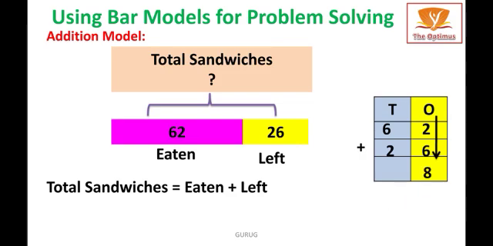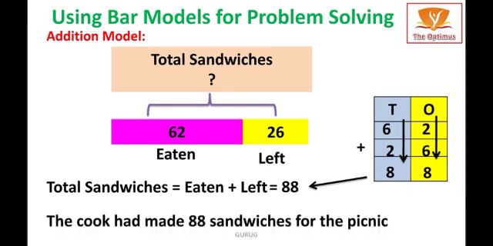In tens place, 6 plus 2 equal to 8. So it becomes 88. Therefore, the cook had made 88 sandwiches for the picnic. Understand?